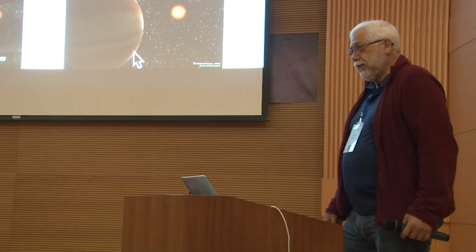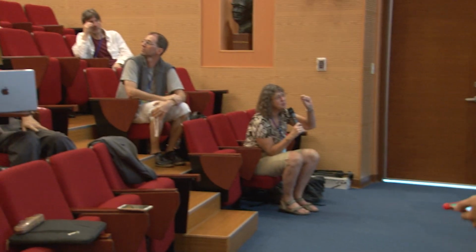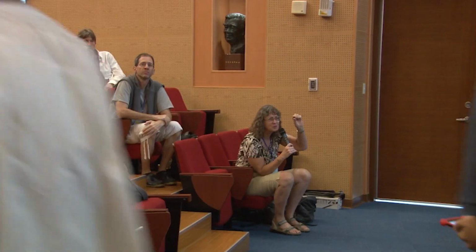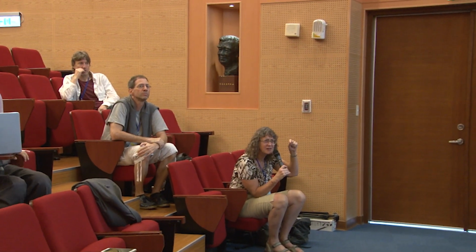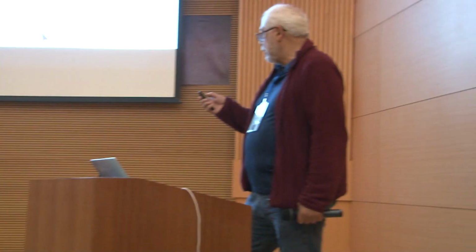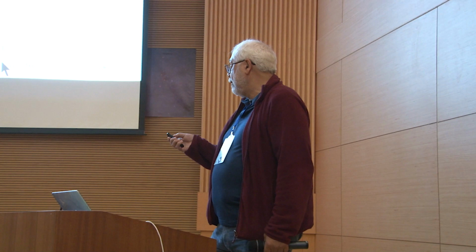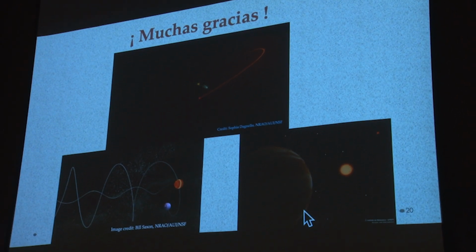Salvador, this is really interesting. So you said you found one system that was an M dwarf, a very tight orbit around an M dwarf. Is that right? My question is, have you found anything in the habitable zone of its parent star?